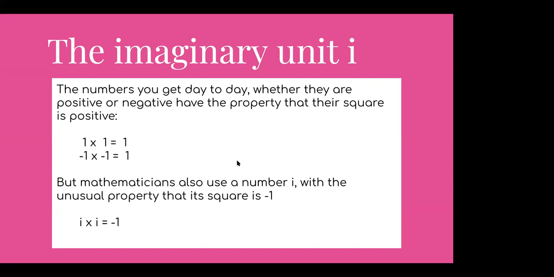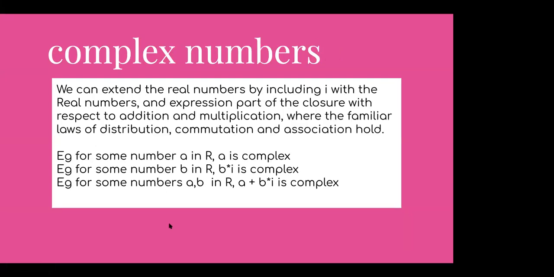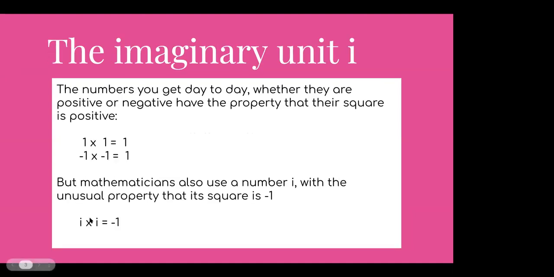And so they discovered or came up with, depending on what your particular philosophy is, a number which they call i, which is called the imaginary unit, and has the unusual property that if you square it, you get a negative number. In particular, i times i equals -1.